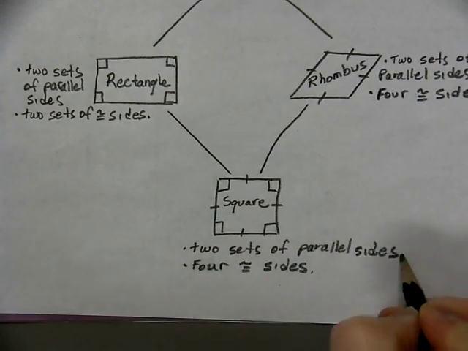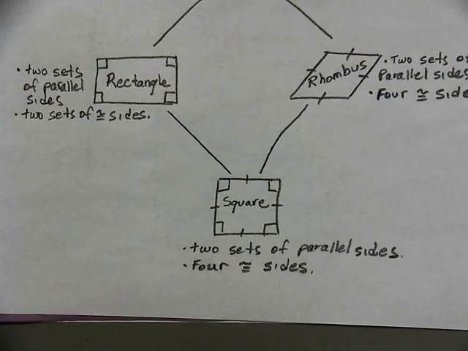Now we're only focusing on the sides for this example. So two sets of parallel sides, four congruent sides. Of course it has the right angles, but we're just going to focus here on the sides.